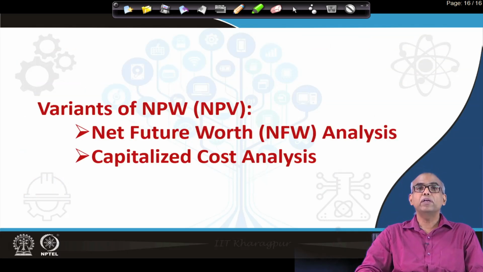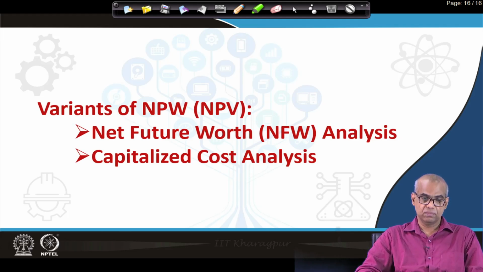Now, we will talk about 2 methods which are variants of net present worth or net present value. In particular, we will talk about net future worth or NFW analysis and capitalized cost analysis. These 2 methods are variants of net present value method.